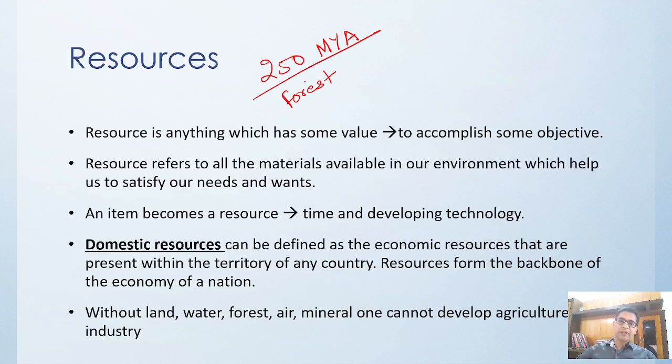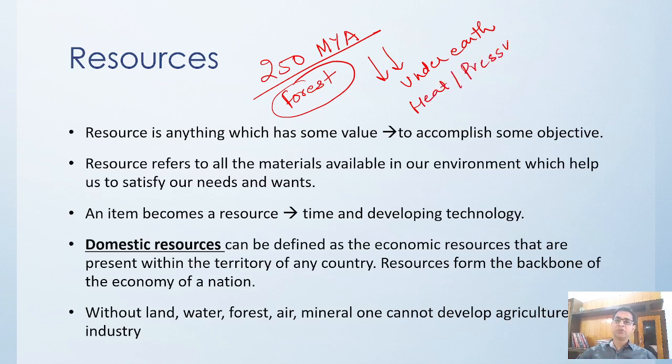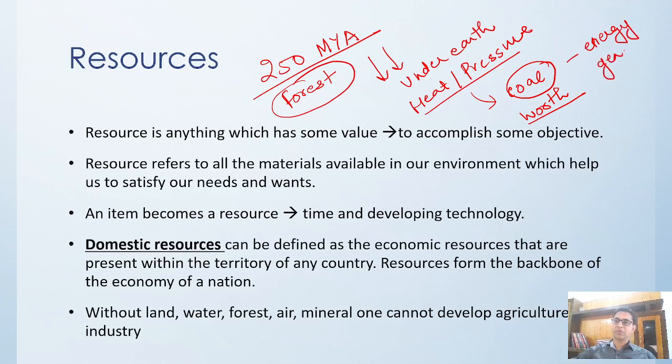Since then, this forest has been under the earth, under huge heat and pressure, and this forest wood got converted into coal. Now this coal is of worth today because everywhere coal is utilized for energy generation. This is how we identify the value of something.